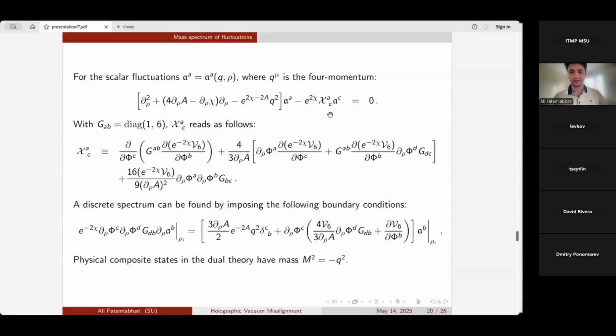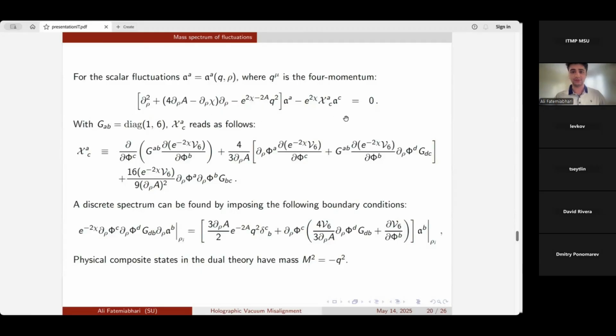For the scalars, we have the following equations from the fluctuations of the background, with relatively simply given terms. For example, this chi field is given in terms of the potential of the background scalar, etc. And from the boundary terms which we have added, the scalars will also develop a boundary condition for the fluctuations.